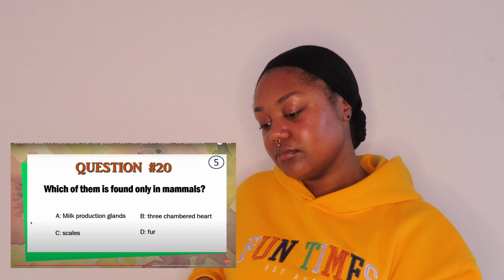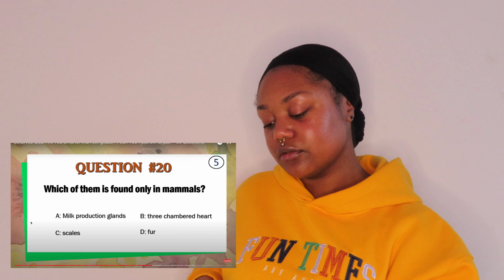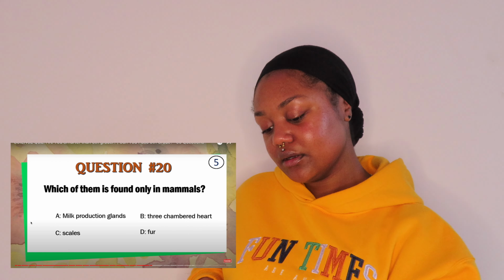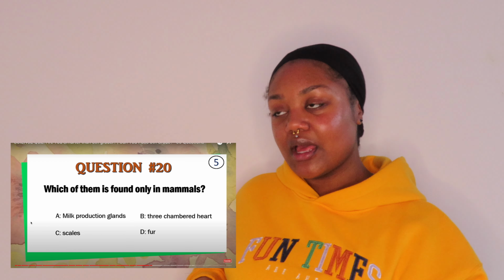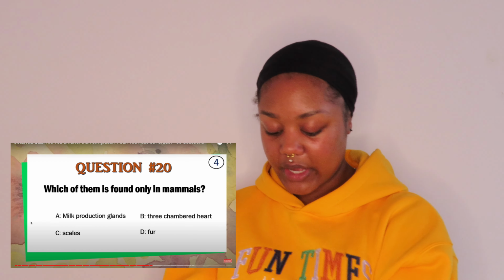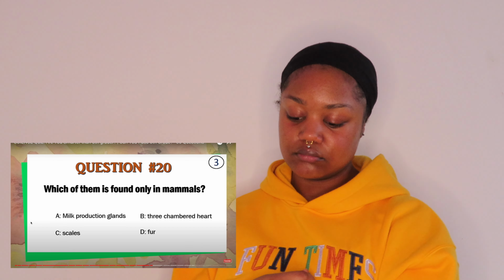Mammals, reptiles, amphibians, arthropods, and insects. Amphibians don't have fur, but do they have milk production glands? Because how do they feed their infants? How do fish feed their infants? I'm going fur. Wait. I'm trying to think, because a platypus is a mammal, right?